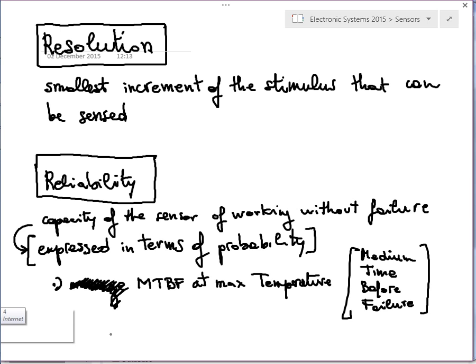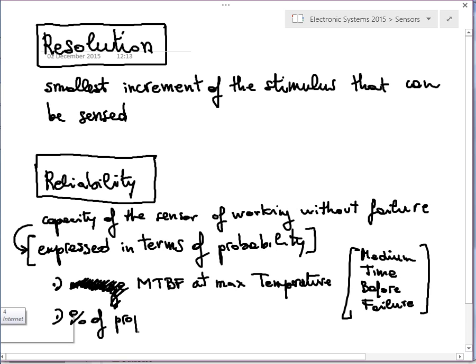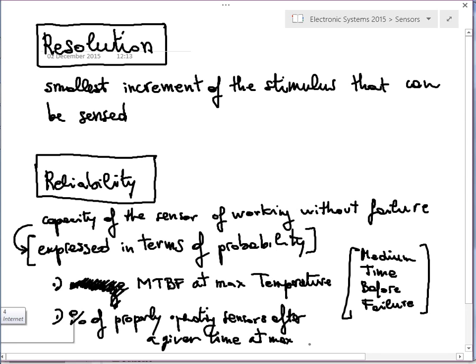It is typically done at max temperature because that is the situation in which the failure is, let's say, more probable. But sometimes it is expressed as a percentage of properly operating sensors after, let's say, a given time at max temperature.